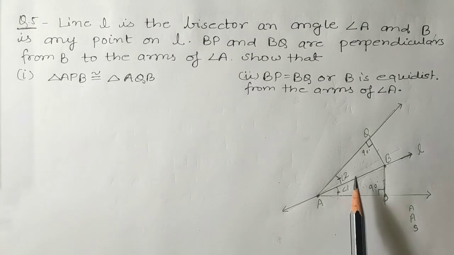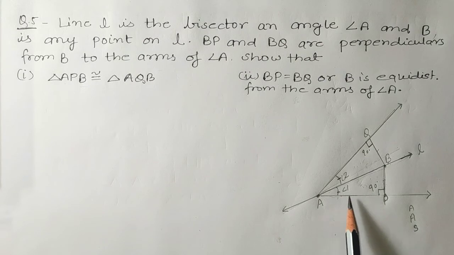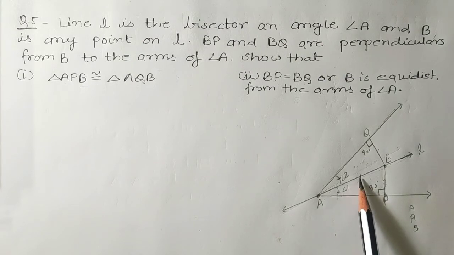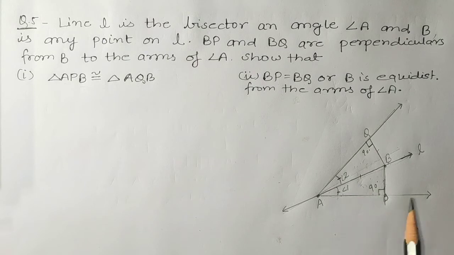So how will we prove these two triangles as congruent? See, one angle is here, one angle is here, and one side is here, meaning the side is non-included. So if the side is non-included, then which criterion will we apply? We will apply the angle side criterion. Are you getting my point? I have told you that if two angles and one included side are there, we can prove it by angle side angle.